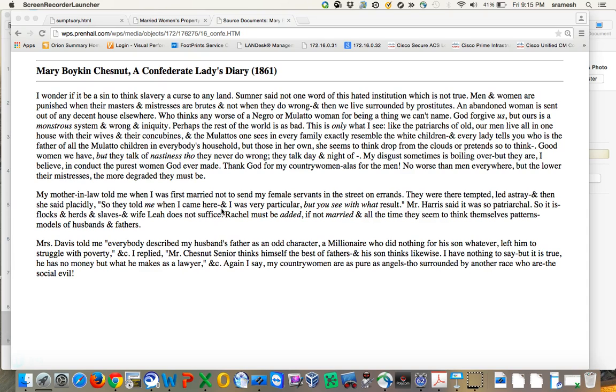Although Chestnut condemns slavery as a monstrous system, she does not express sympathy for slave women forced into relations by their masters, saying the lower the mistress, the more degrading they must be, while labeling the white domestic country women as pure angels, who are surrounded not only by the evils committed by their own men, but by those of the slaves as well.